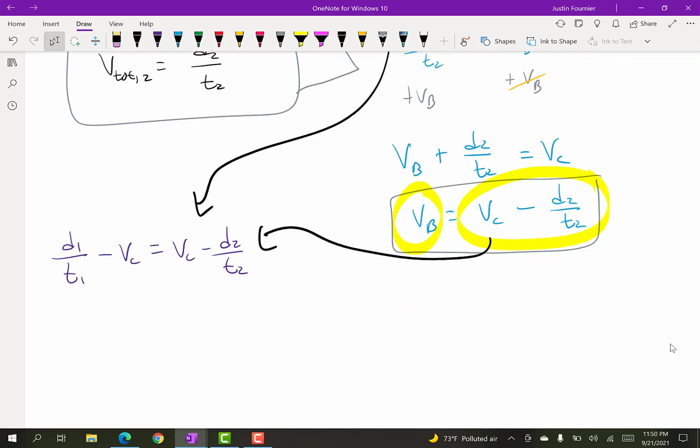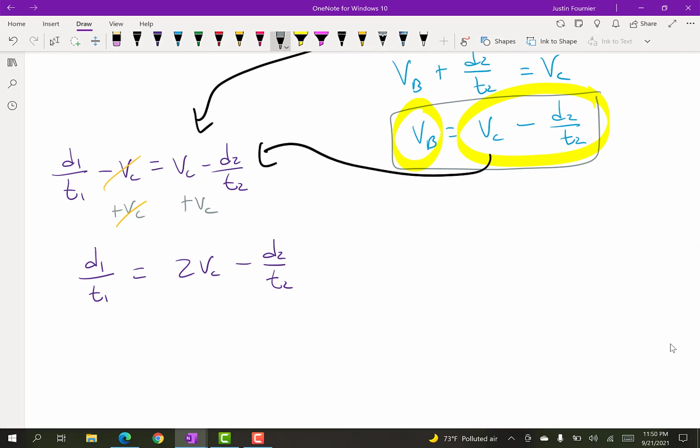And let's see. A couple things I can do is add VC to both sides. So it'll cancel here, but it'll add up here. Let's just take this step by step. D1 over T1 is equal to VC plus VC is 2VC, and I got minus D2 over T2.